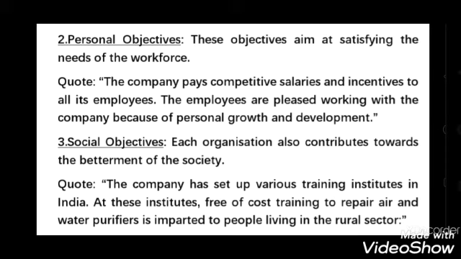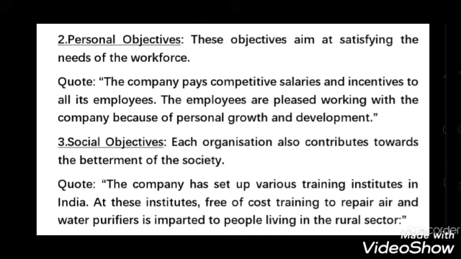The employees are pleased working with the company because of personal growth and development. It means in the personal objective, all the members of company like employees, workers, co-workers, superintendents, supervisors, each and everyone is happy with the management and they are getting competitive salaries and incentives.